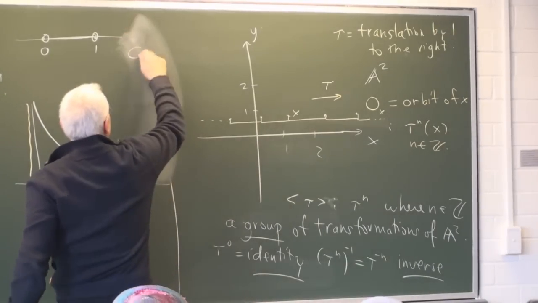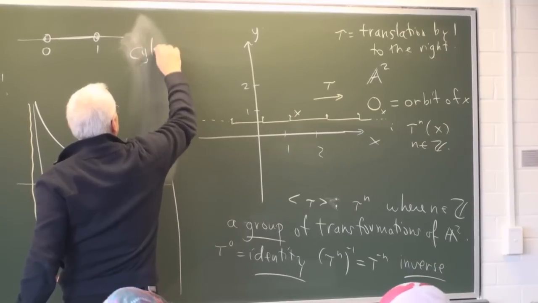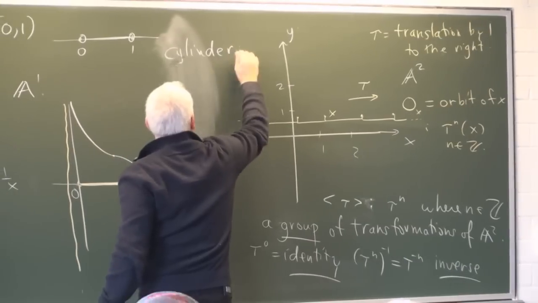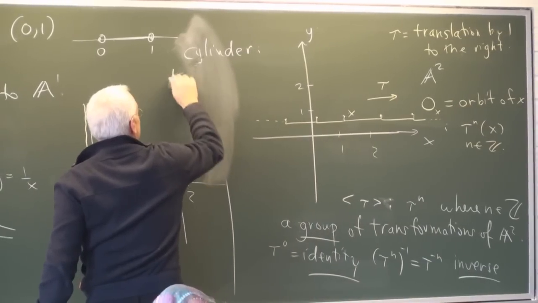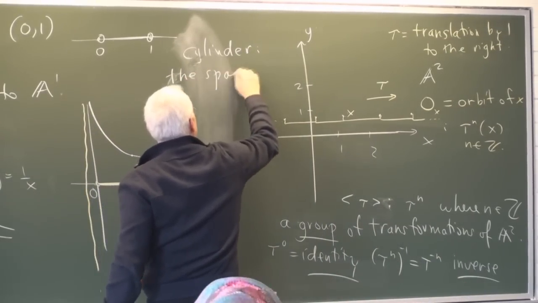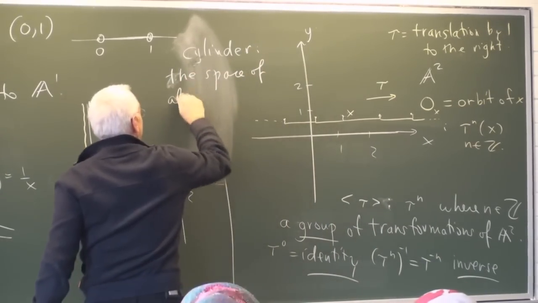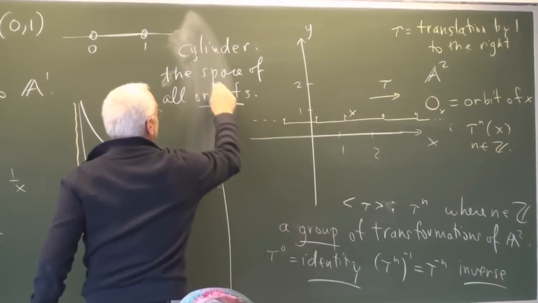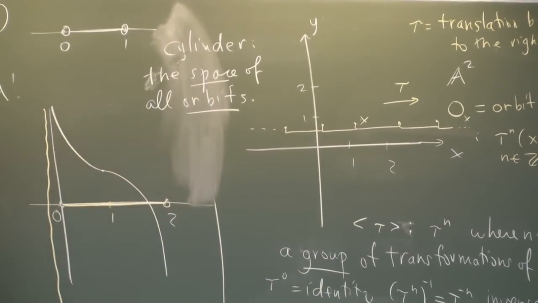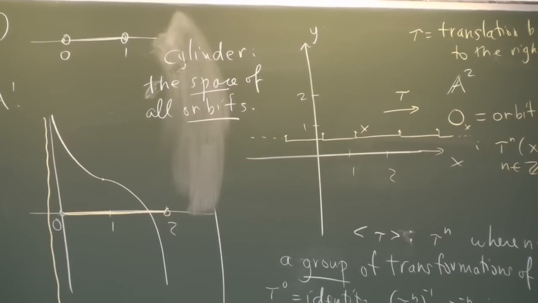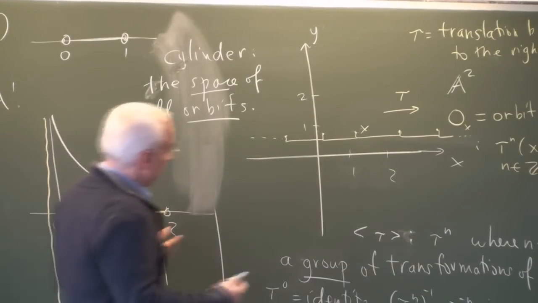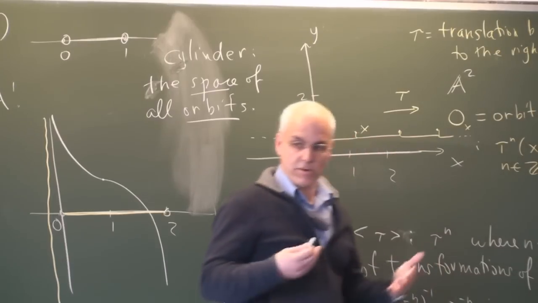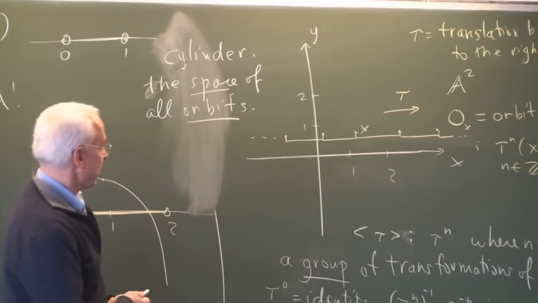So the cylinder can be viewed as the space of all orbits. And we can see that by thinking, well, how could we list or label or parameterize all the orbits?